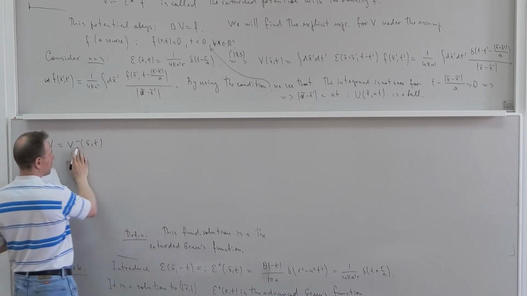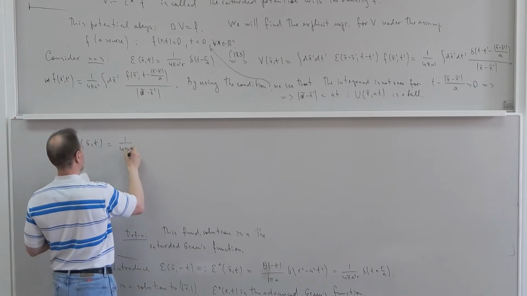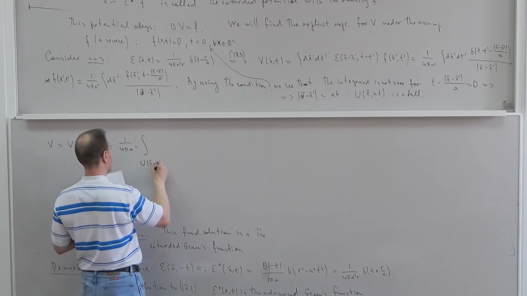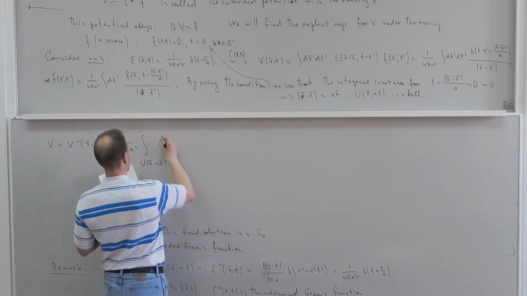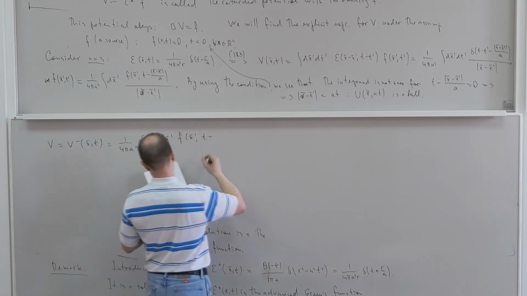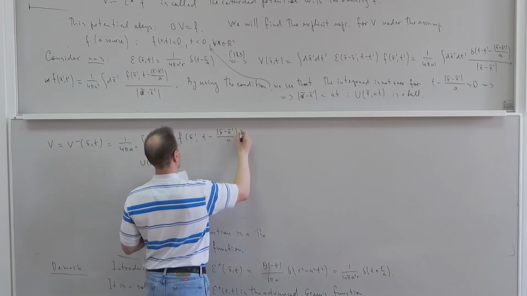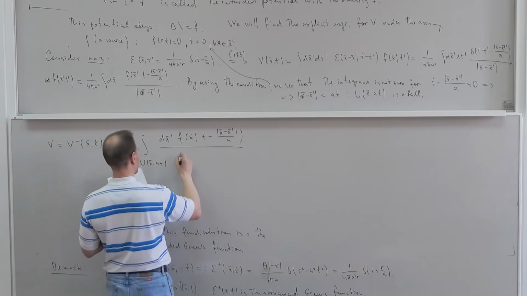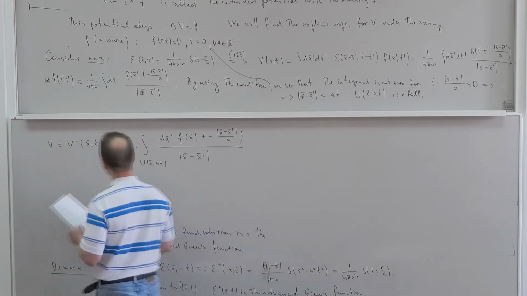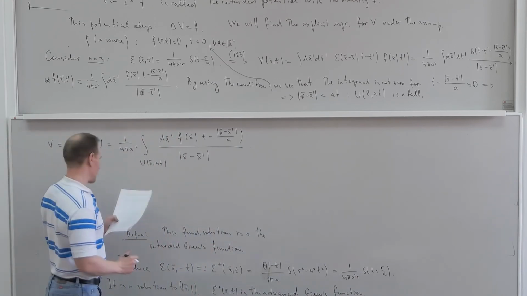Here, minus means that it is the retarded potential. Okay, this is the final answer for the retarded potential in the case of three-dimensional space.